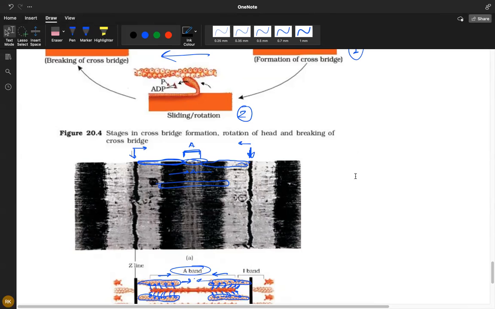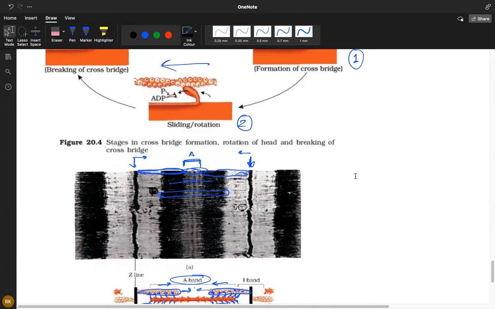So that's the next thing that I was going to talk about. There will also be a pull on the other actin filament, right? Yes, sir. So the I band, you know what the I band is, which is just actins. That is the I band, right? So the I band itself will get reduced.